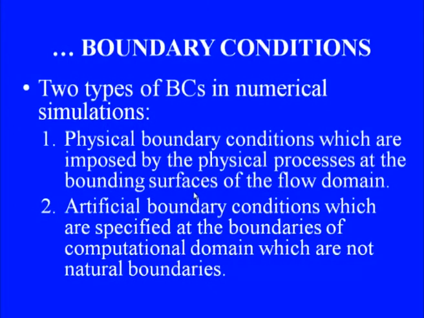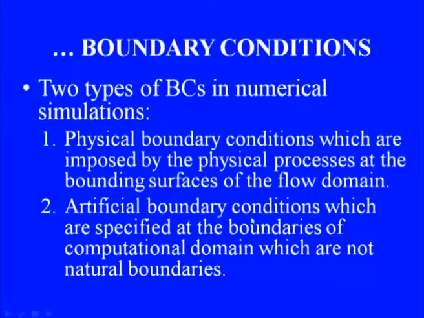Now in normal flow simulations we will encounter two types of boundary conditions. The first situation is that we have certain physical boundaries which are actually present there, and the constraints imposed by these physical processes happening at bounding surfaces we will call physical boundary conditions.